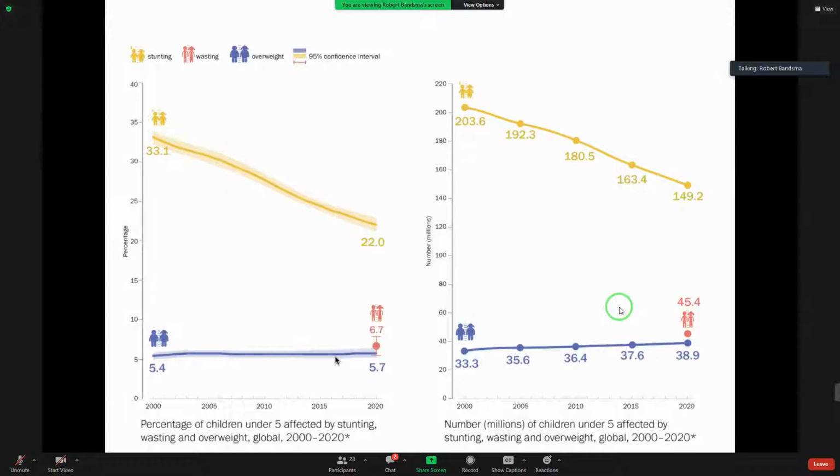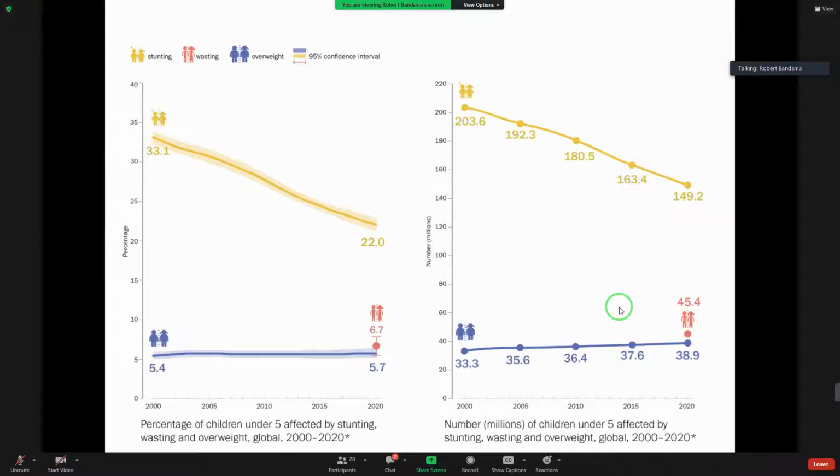So this is some data, jointly from WHO and UNICEF and the World Bank. Every year they report their global estimates of stunting, wasting, and also more recently on overweight in children around the world. On the left, you see the actual percentage, and on the right, you see absolute numbers in millions of children.